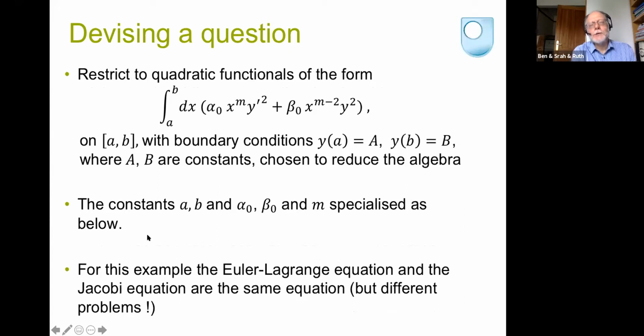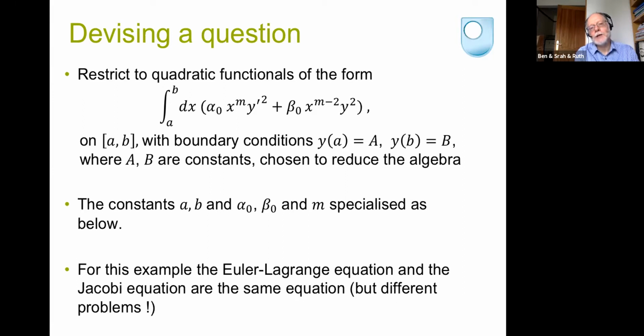So now I'm interested to see how we went about devising a question within STACK to deal with the Jacobi equation. Well, one of the first things we did is we realized we had to restrict the type of functional being considered. We need to make sure, first of all, that the resulting Euler-Lagrange equation and Jacobi equation could be solved, which of course is quite hard since they're normally nonlinear problems.